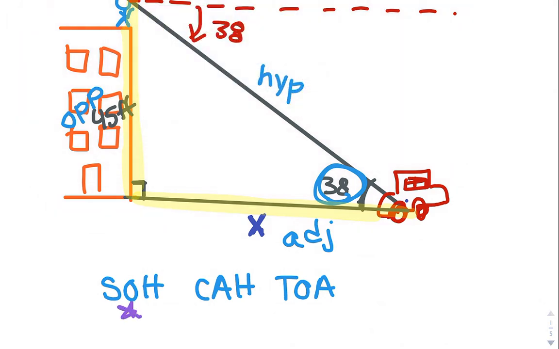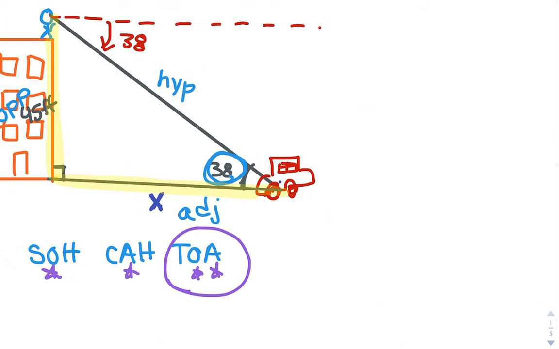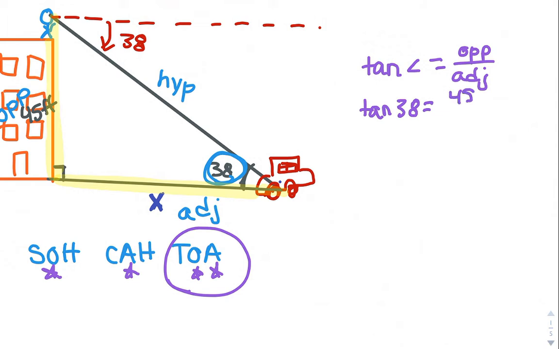So here's an O, an O, an A, an A, which means I'm going to be using TOA. That stands for tangent of your angle equals opposite over adjacent. My angle was 38 degrees, so it's tan 38 equals opposite, which was 45 feet, over your adjacent, which is x.